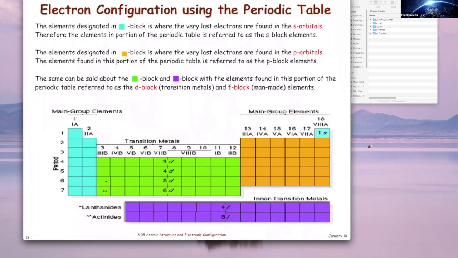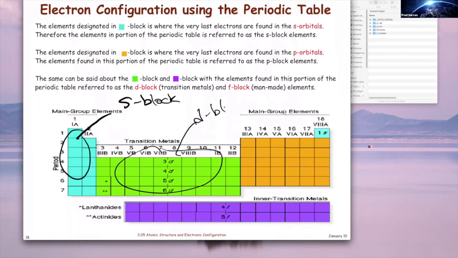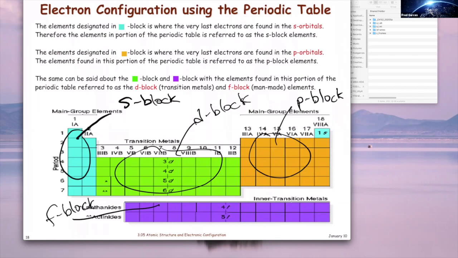These are your S block. This is your D block. This is your P block. And this is your F block. And we don't have a G block yet because we don't have that many elements.